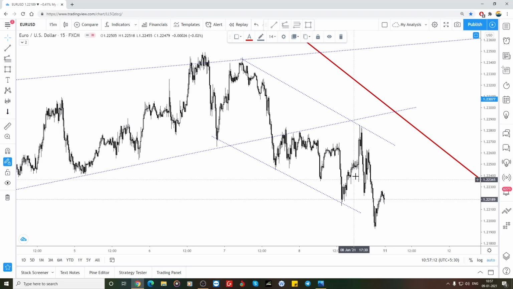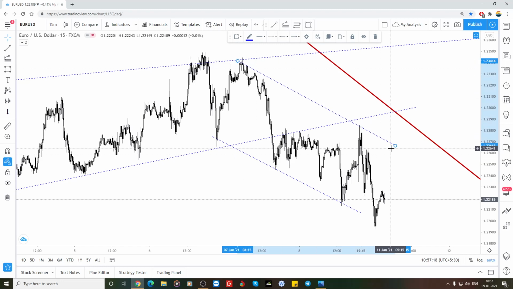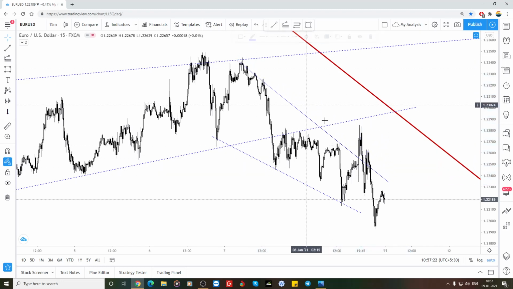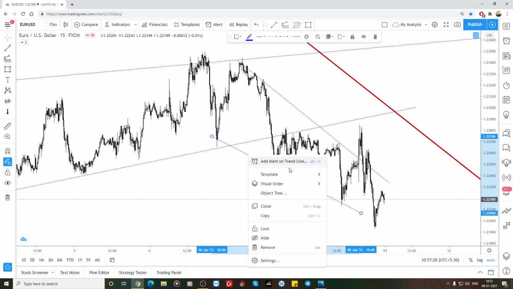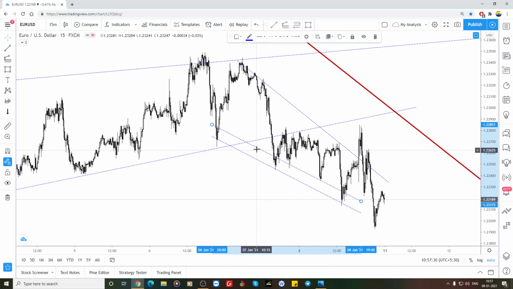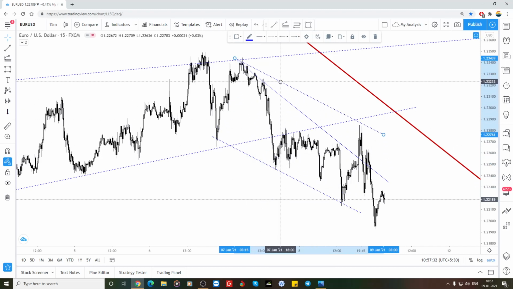And yesterday the NFP it went high. What I thought previously, I took it like this, the wedge formation. And now that same thing where it got rejected, I just clone this and paste it here. That's it.